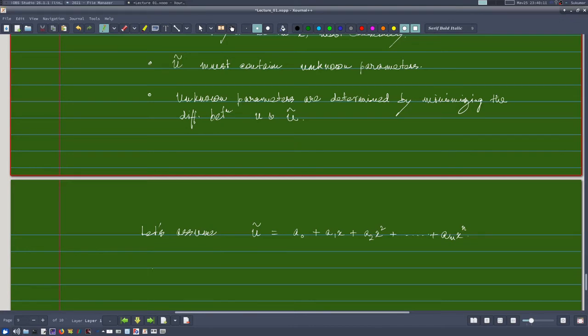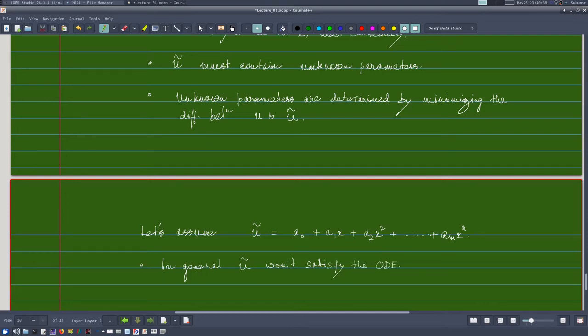So in general, U tilde won't satisfy the ODE. In this case it is ODE.